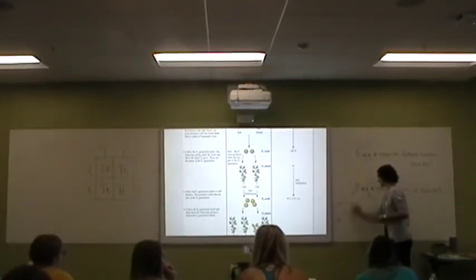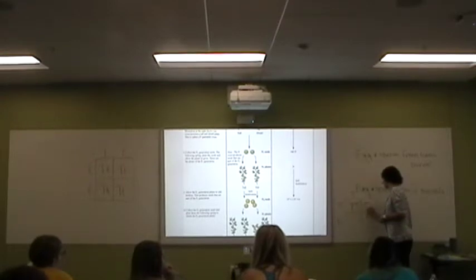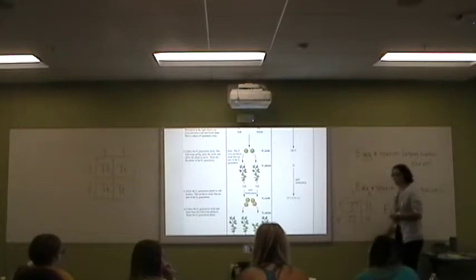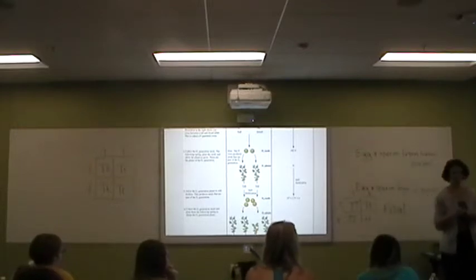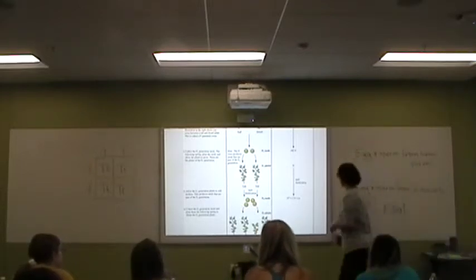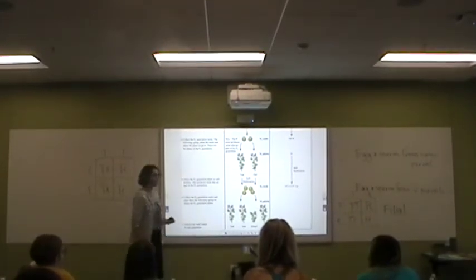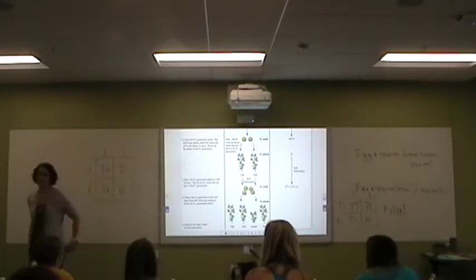And then we end up with these potential offspring. Right? Correct. Okay, and so there is our F2 or our second filial generation.